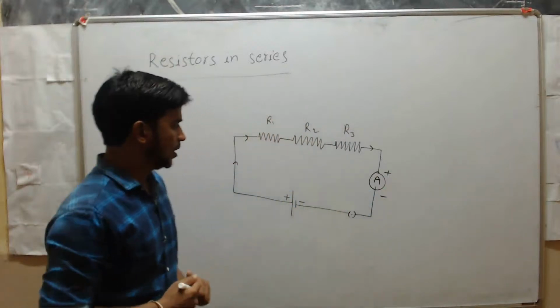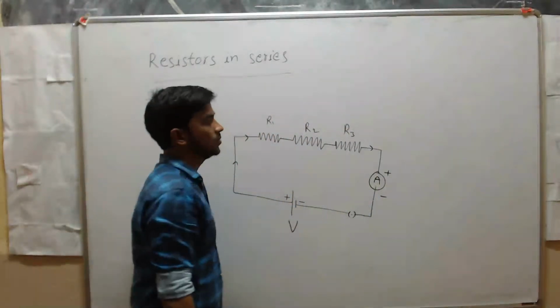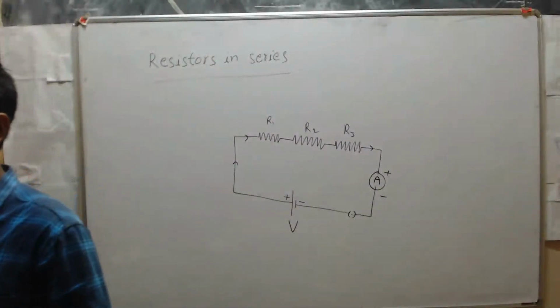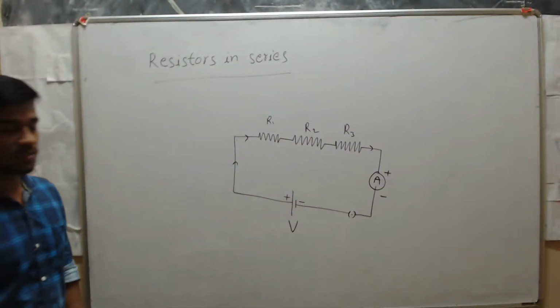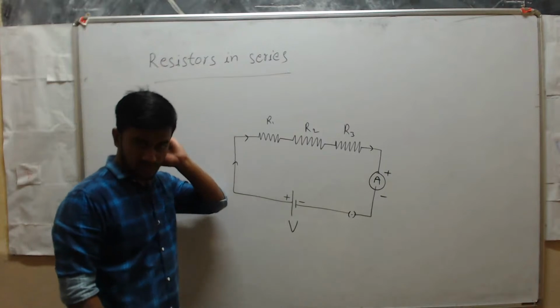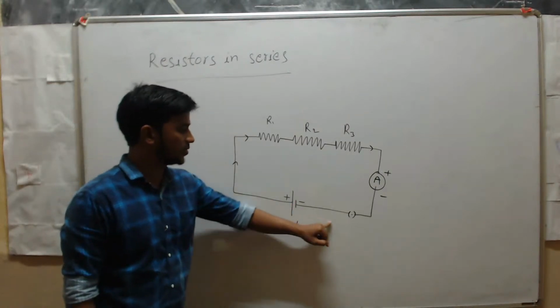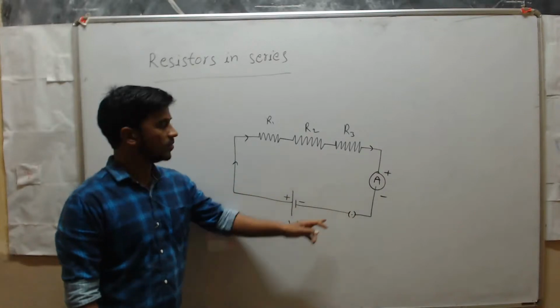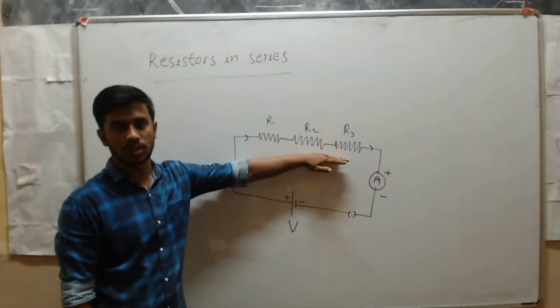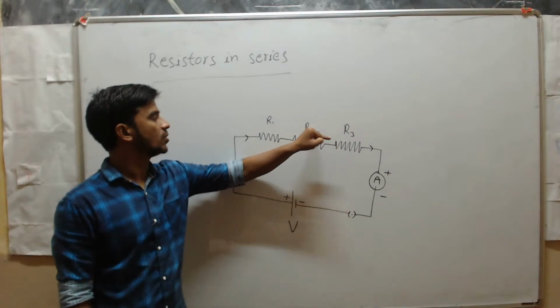See now, the resistors are connected in series. In series, you are passing voltage, right? Electrons move from the negative side to the positive side. While flowing, they will face some kind of opposition at R3, R2, and R1.